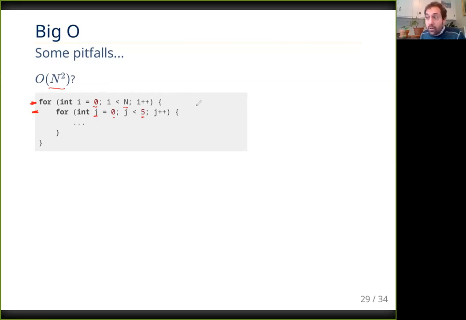So overall, you do an iteration of this one times 5 iterations of the inner loop. That is not n squared. That is essentially O of 5 times n, which is O of n.